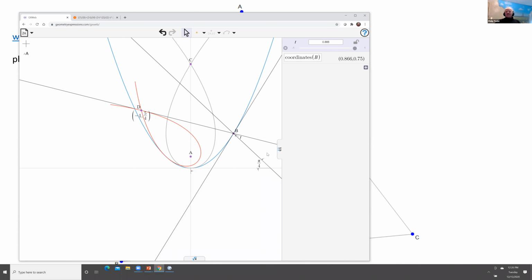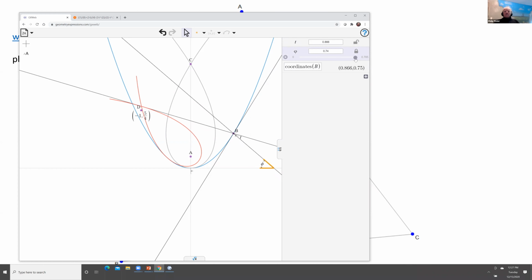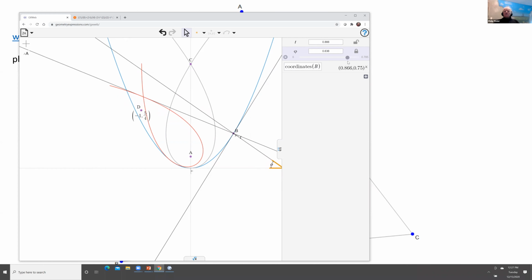Well, at this point, we'd like to have a look at a more general curve. More general situation where instead of pi by 4, let's make that phi. So now we're able to change phi and move this around and watch what it does in general.